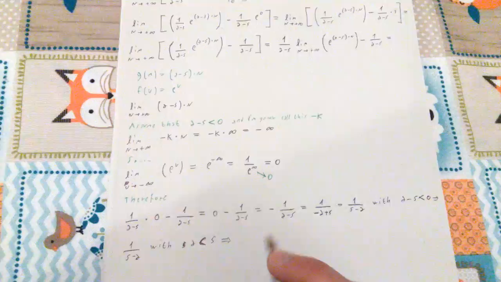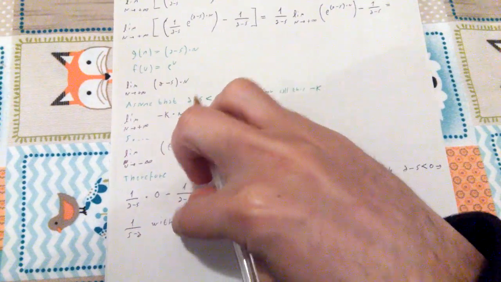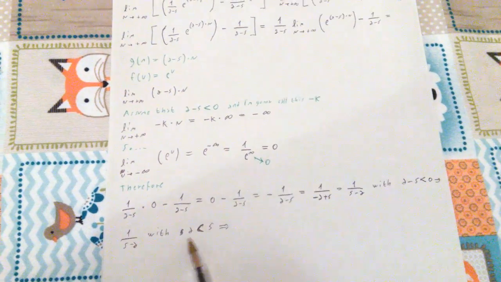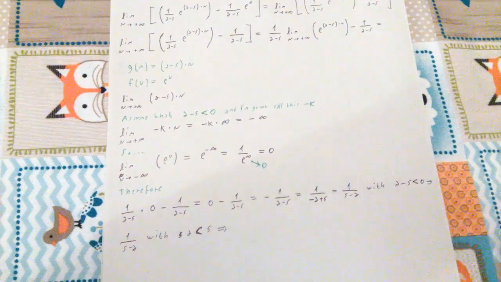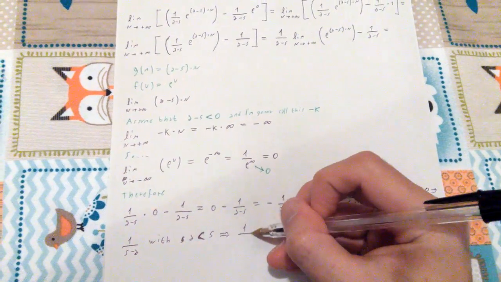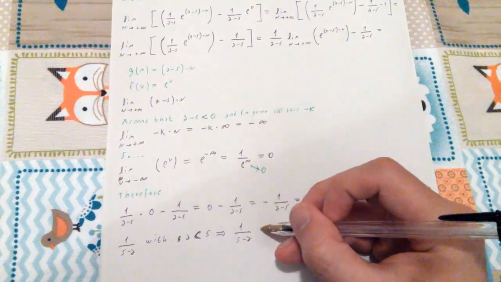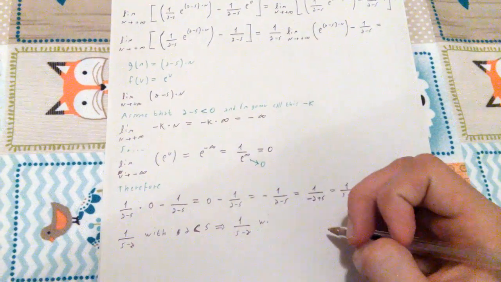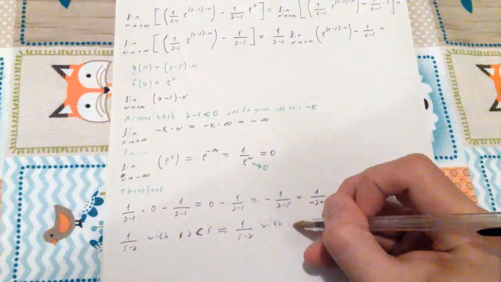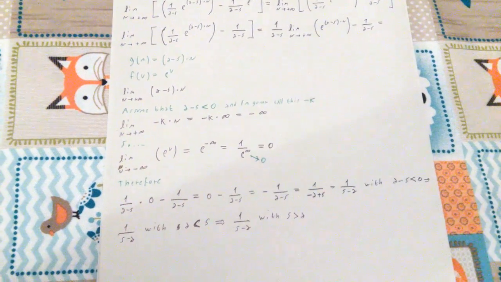And since I like to say something is bigger than something else and not something is less than something else, I'm gonna go for my final result to be 1 over s minus a with s greater than a.